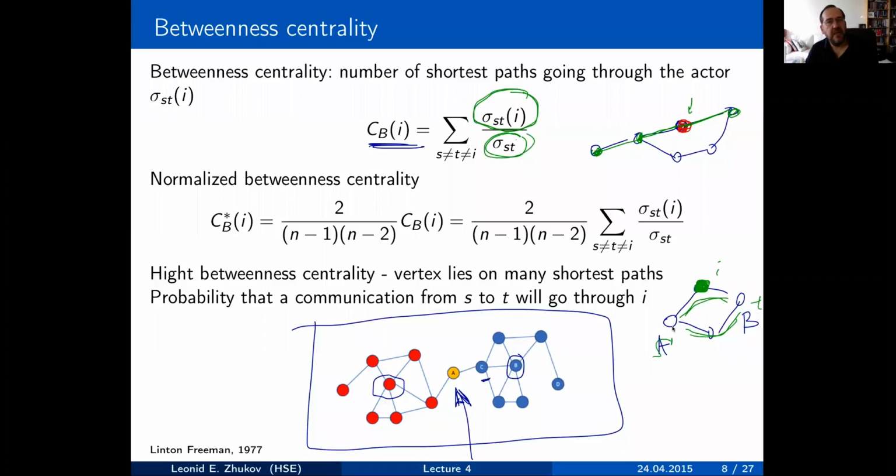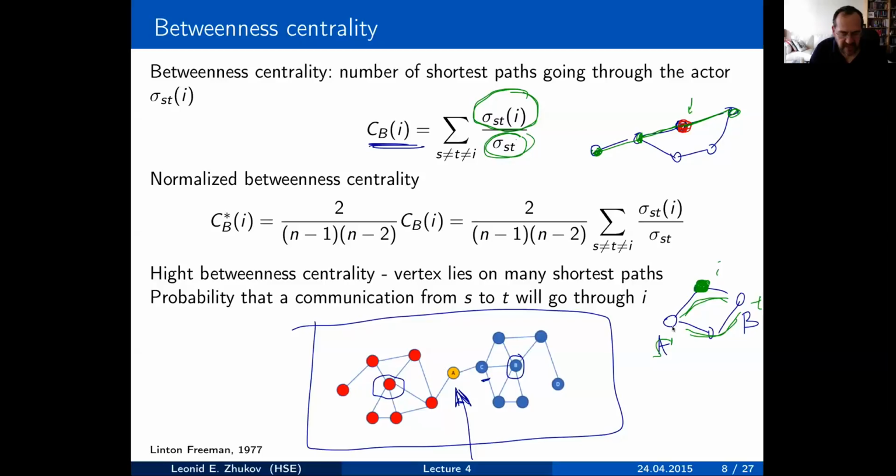Now, what that means is that to calculate betweenness centrality, we need to make sure the graph is connected. Also, it's a pretty intense computation because we compute shortest paths between all pairs of nodes.